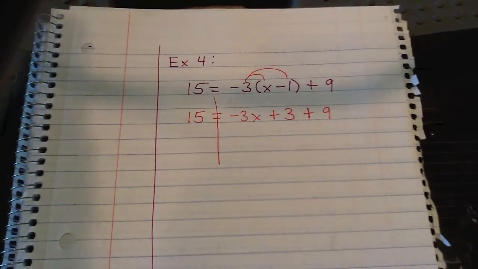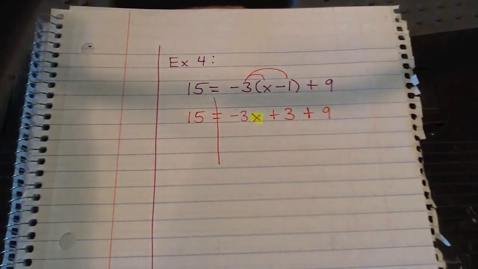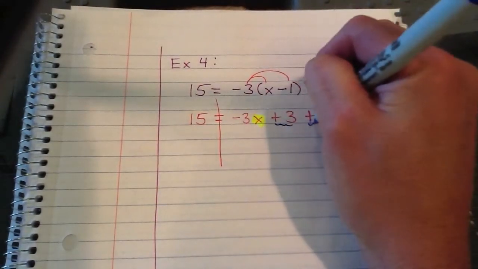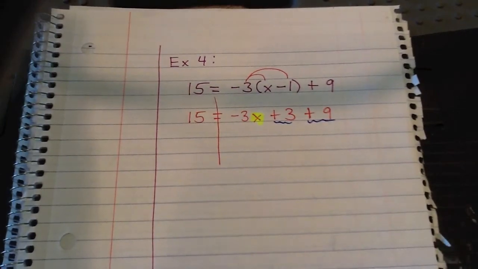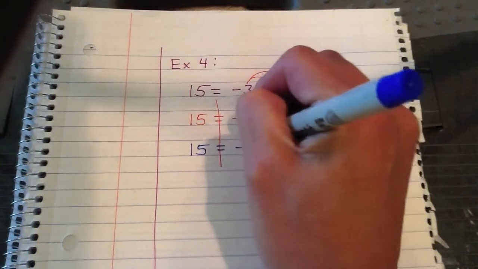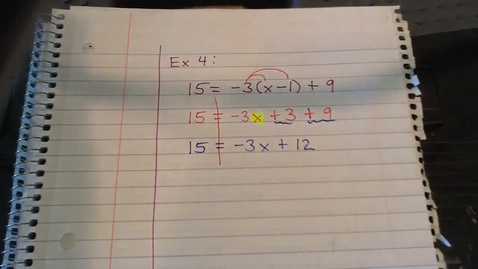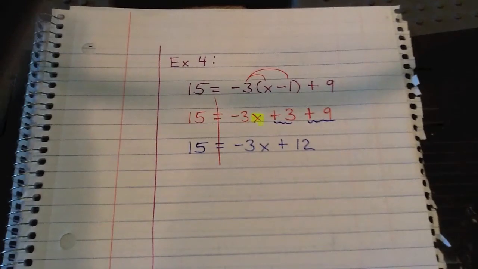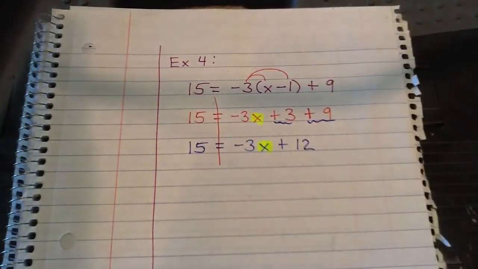Okay, now I look for my variable. My variable happens to be on the right, which is fine. And I look for like terms that I can collect. Here are two like terms. They have no variable at all, and they're on the same side of the equation. So I'm going to go ahead and do that, and I have 15 equals a negative 3x plus 12. Now I'm just continuing to work on isolating my variable.